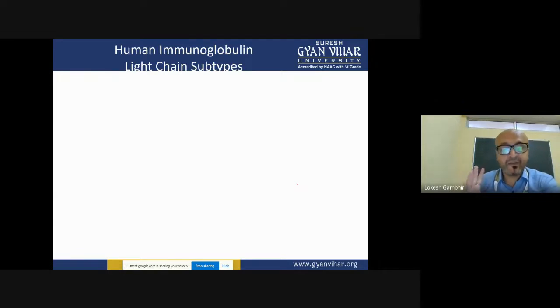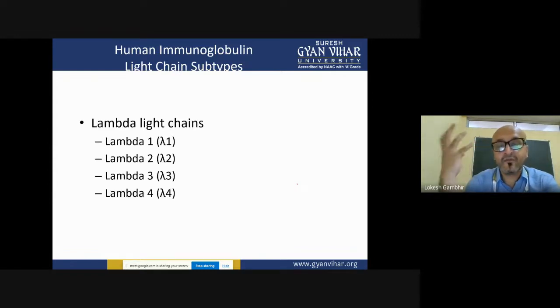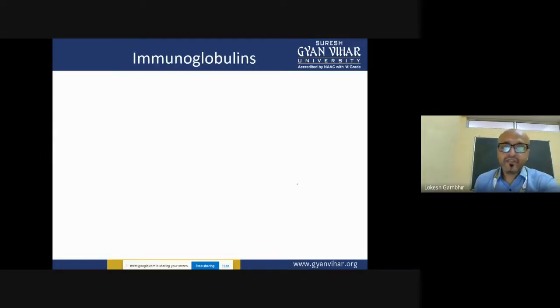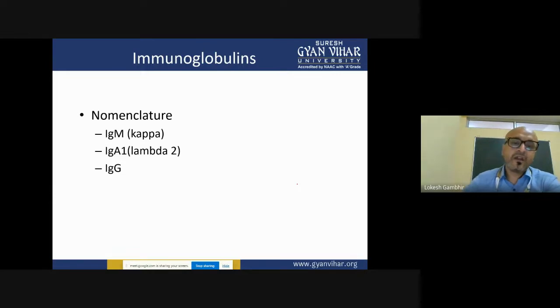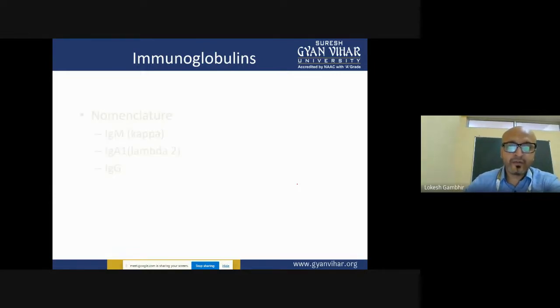We have 5 different types of immunoglobulins: G, A, M, E, D, with heavy chains gamma, alpha, mu, delta, epsilon. IgG has 4 different subclasses, and IgA has 2 different subclasses.